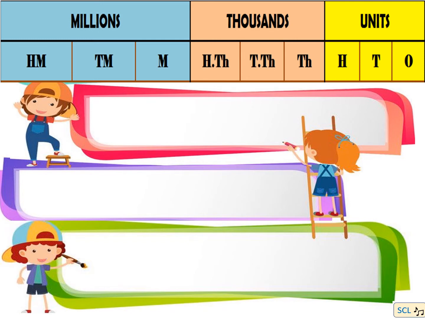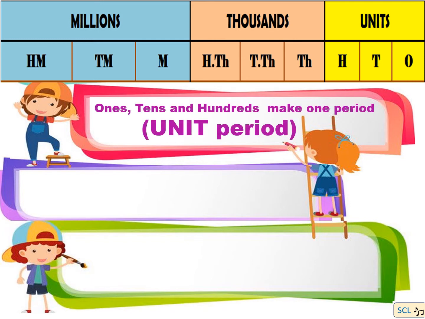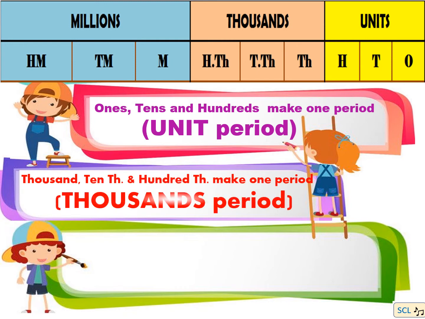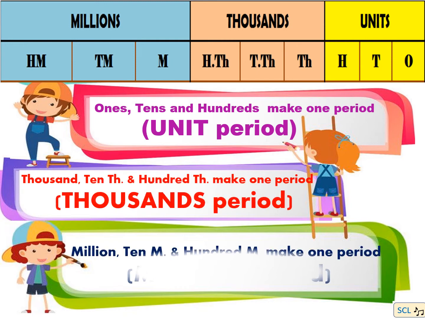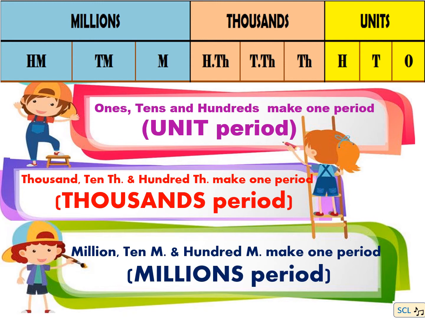In the international place value system, ones, tens and hundreds make the units period. 1,000, 10,000 and 100,000 make the thousands period. And million, 10 million and 100 million make the millions period.